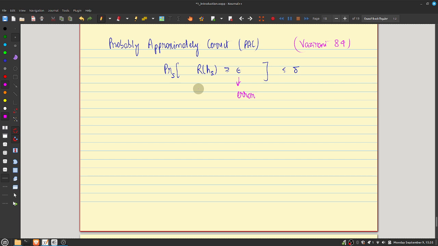This is not calculated with respect to the training. Correct. I mean, the probability is over S, because whatever algorithm you use, the output of the learning algorithm, which is the function H, depends on S.